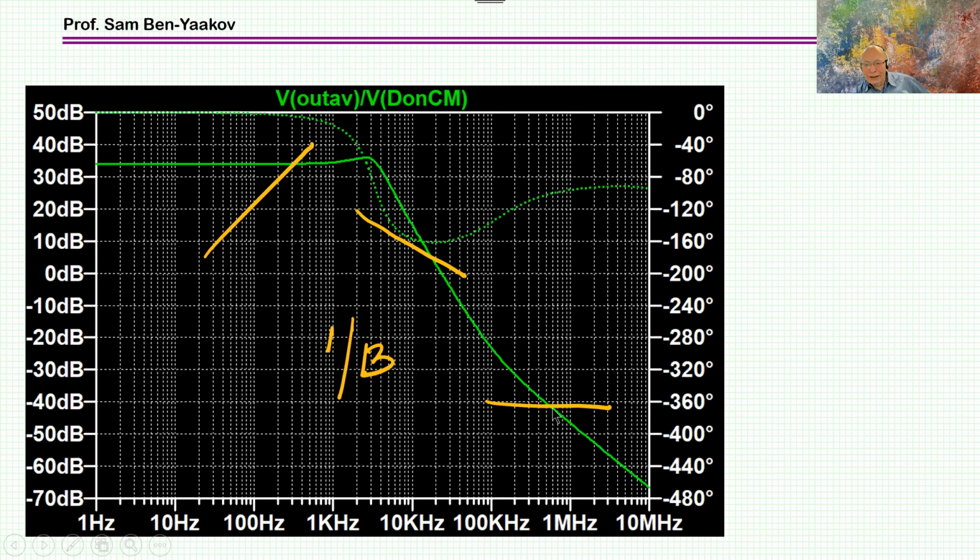This is not practical or not possible, because if the switching frequency is 100 kilohertz, you cannot close the loop above it. You have to close the loop at least at half of the switching frequency due to the Nyquist sampling criteria, and practically like 5 times lower or even 10 times lower. So you cannot do it here. If this would have been at a lower frequency, perhaps, but not in this case.